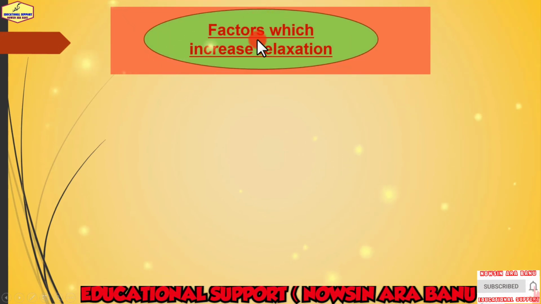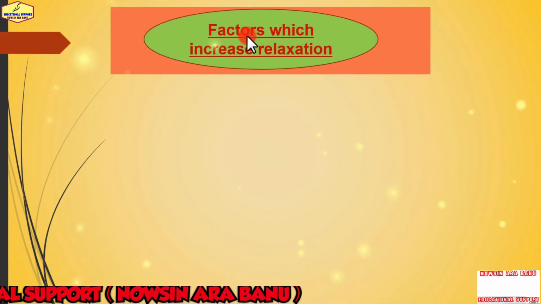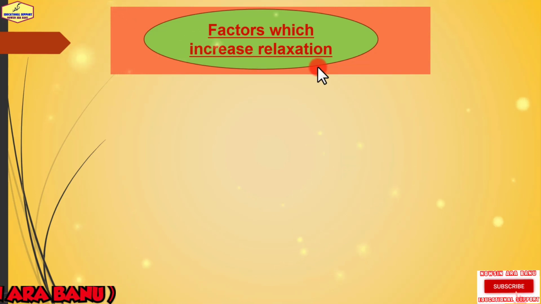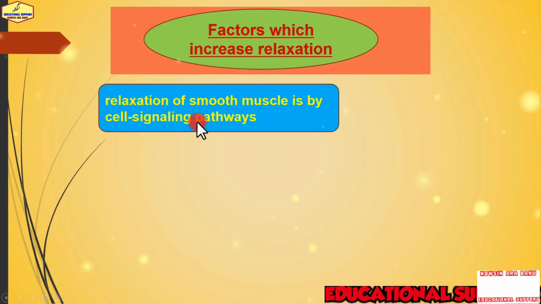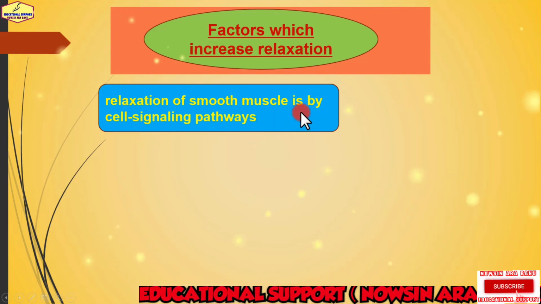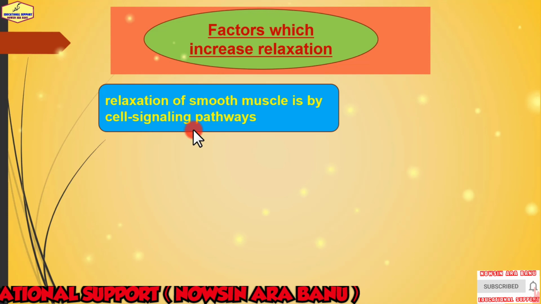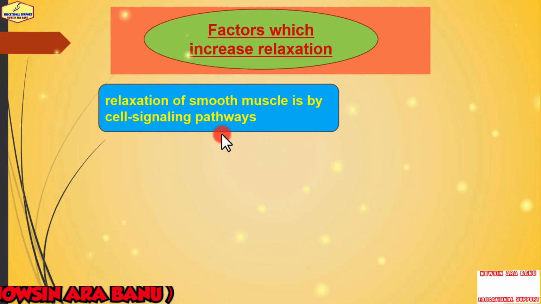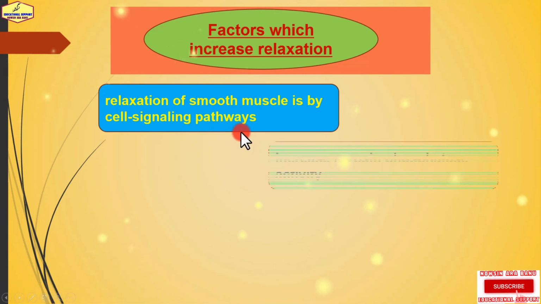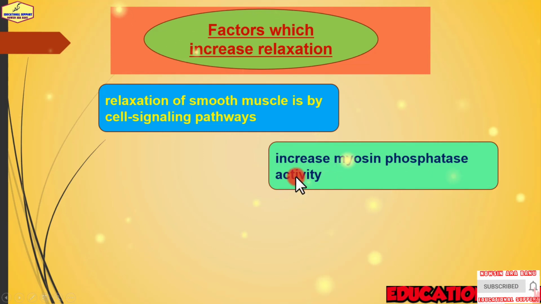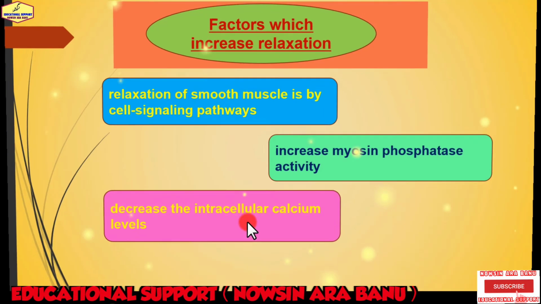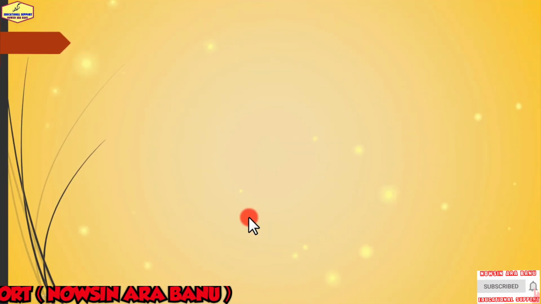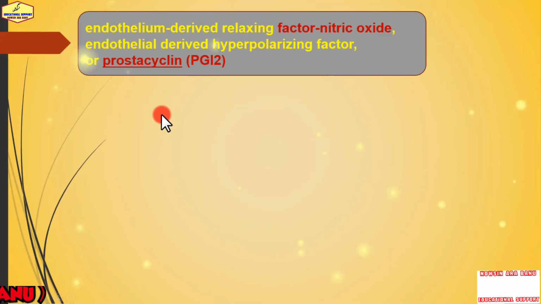Now I am presenting factors which increase relaxation. In general, relaxation of smooth muscle is by cell signaling pathways that increase myosin phosphatase activity, decrease the intracellular calcium levels, hyperpolarize the smooth muscle, and downregulate actin and myosin.